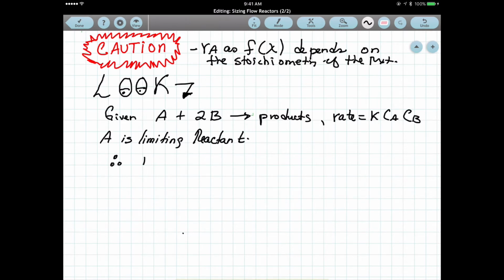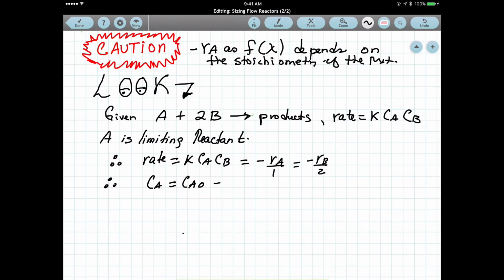If that is the case, I know that the rate law, provided experimentally in the statement, equals the relative rate of A over the stoichiometry, which equals minus RB over 2. We can also express this in terms of conversion: CA, the concentration of A, equals whatever is initially in the reactor or entering into the reactor.